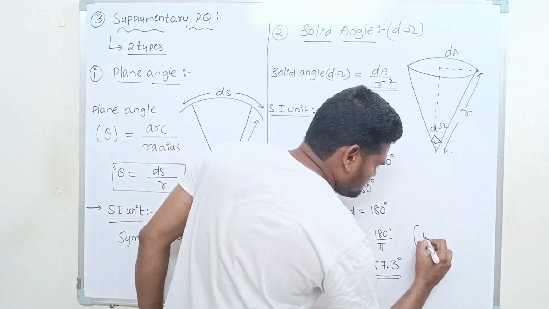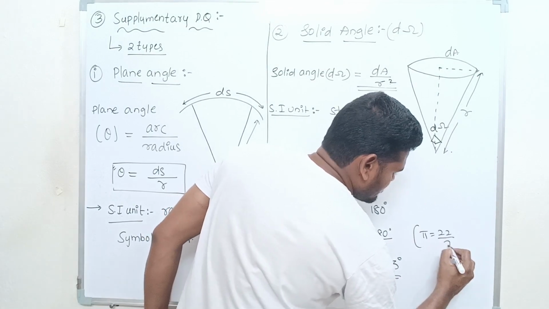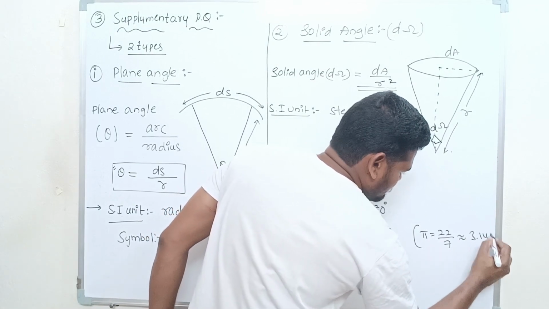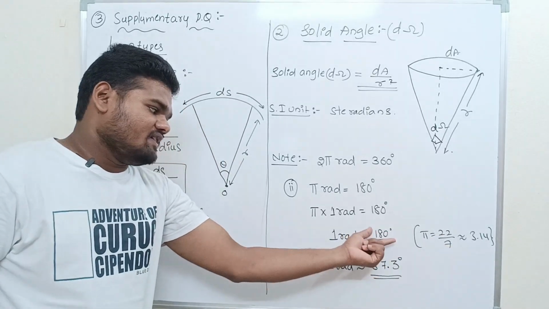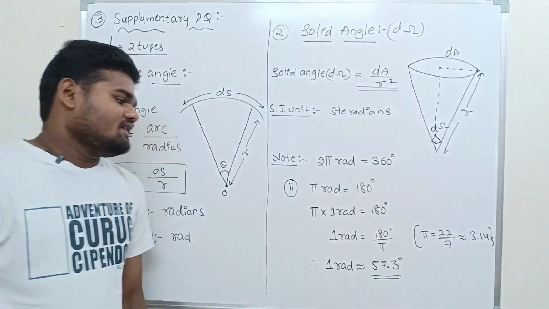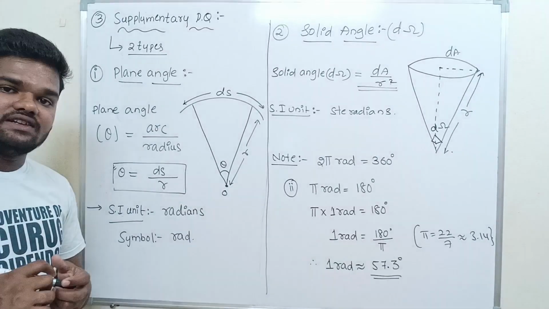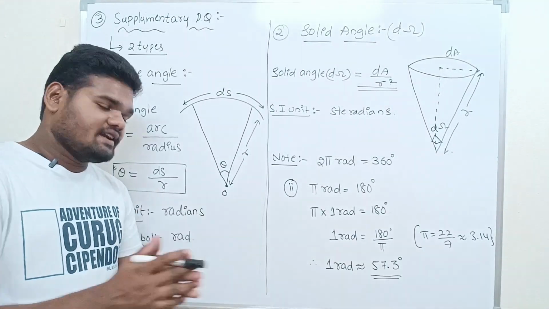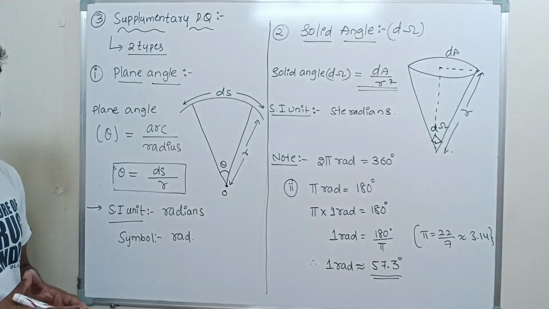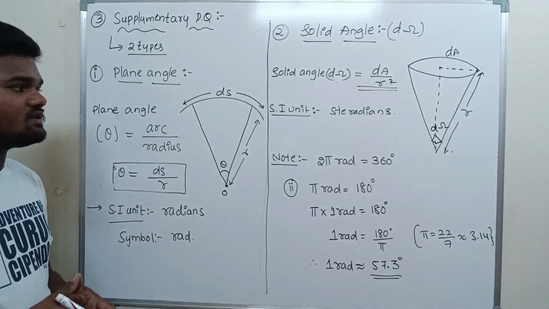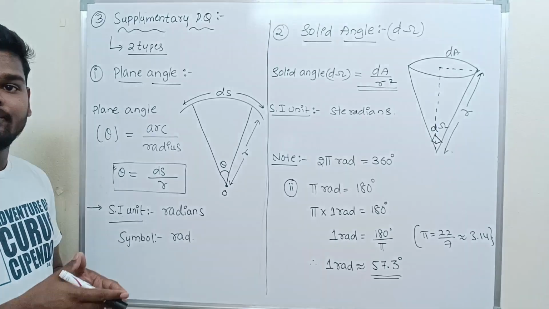What is the value of pi? 22 by 7, which is nearly equal to 3.14. If you substitute this value and make a division, we get 1 radian, which is nearly equal to 57.3 degrees. Are you clear? Any doubt? Pause the video and write the notes.